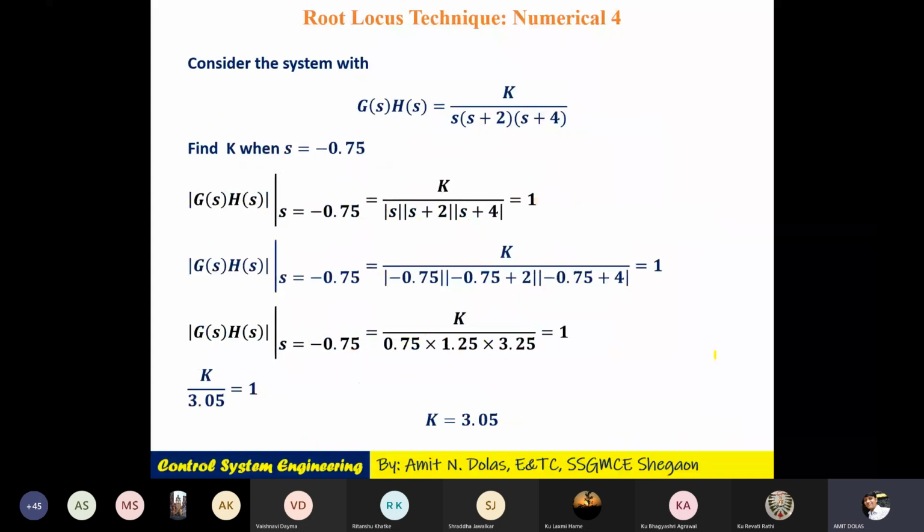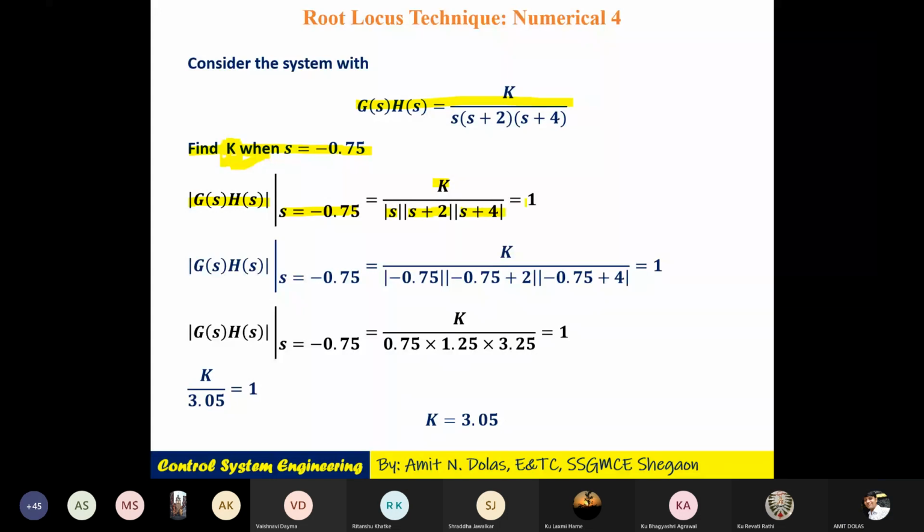If the point is minus 0.75, what is the value of k at s equal to minus 0.75? The same system is there, so I'll not read it again. Find the value of k if s is equal to minus 0.75. What is the formula for that? Magnitude of GS HS at minus 0.75 will be k divided by magnitude of s into magnitude of s plus 2 into magnitude of s plus 4, shall be equal to 1.